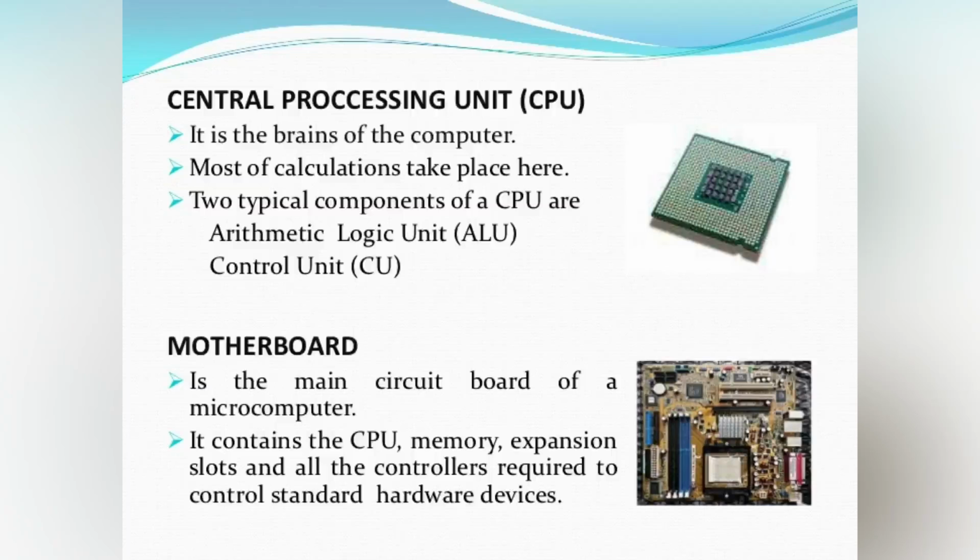An integrated circuit is embedded in the silicon. Computers are made of many chips on a circuit board. The arithmetic logic unit, ALU, and the control unit, CU, are among the core important components of the central processing unit.